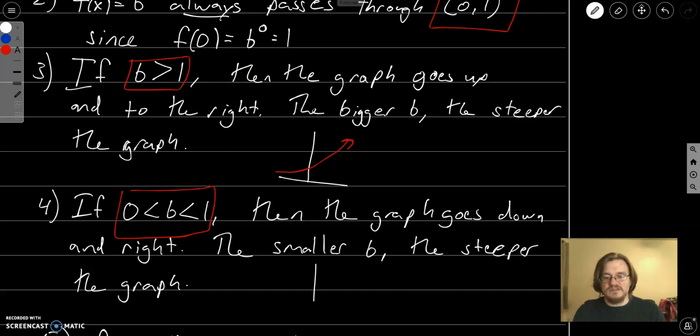Whereas functions where the base is going to be smaller than 1, the exponential function will fall and it'll come down and to the right. And then again, the bigger b is, as in the further away b is above 1, the steeper the function is going to be. Whereas here, the smaller b is, or another way of saying this, the closer b is to 0, the steeper the function is going to be.